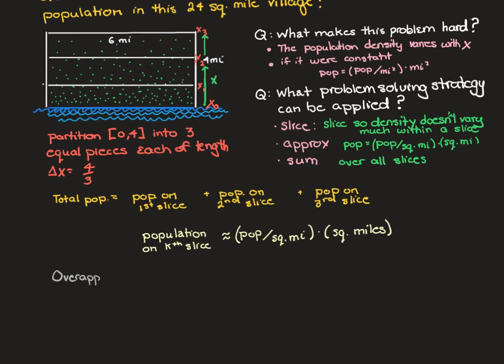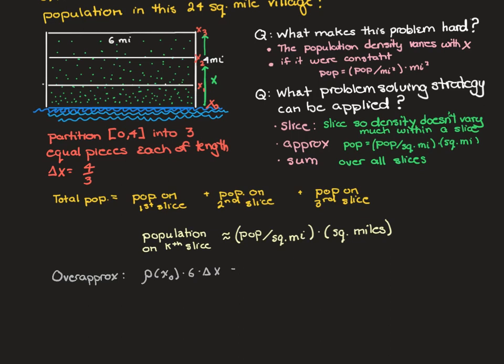By that I mean, on each slice, I'm going to overestimate the number of people. So I would take on the first slice the population density at x naught, and then multiply by the area of the slice. The slice is 6 miles long, and now it's just delta x high.